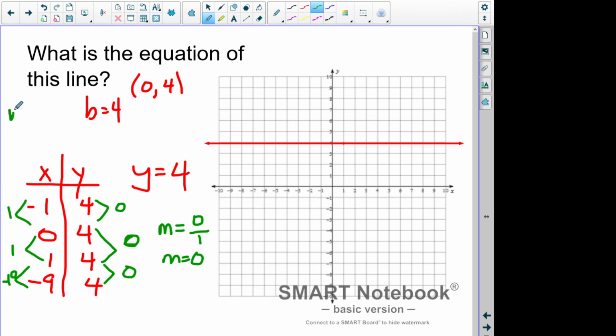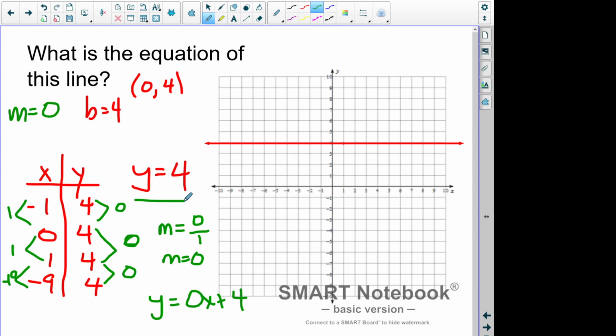So in this equation, if I'm trying to write this out, my m value would be 0, and my b value would be 4. So if I write that out, I would say y is equal to 0x plus 4. But 0 times x is always 0, and so we just get y equals 4.